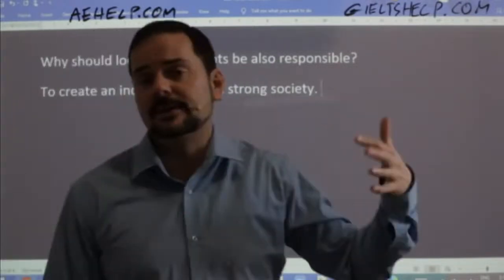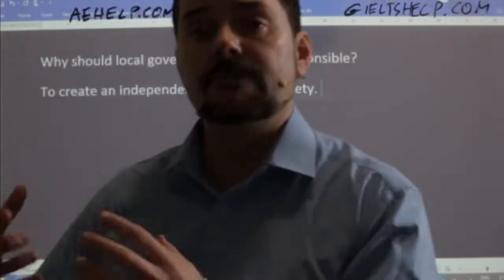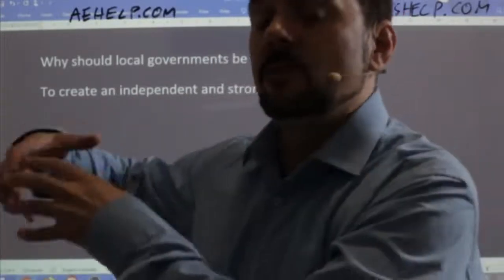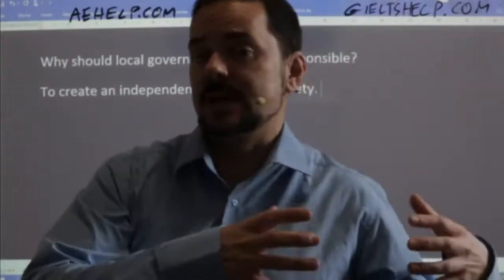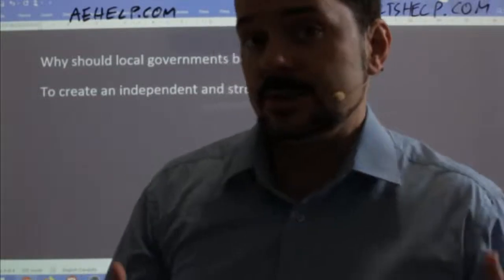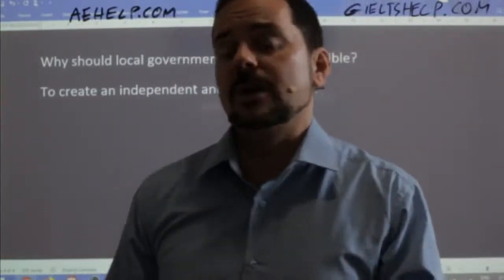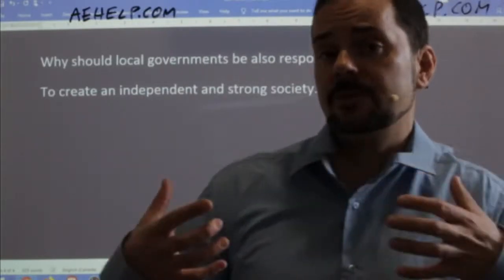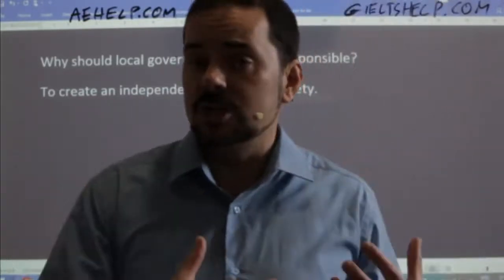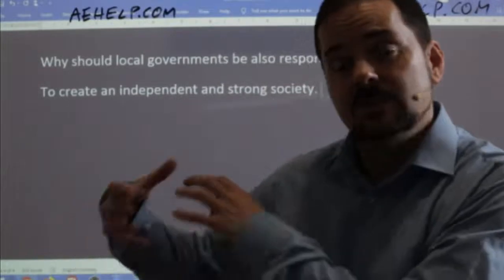You don't want to have a society that's completely dependent on foreign aid, because if that foreign aid removes itself, then problems appear. And that can happen. Like right now with this pandemic, a lot of the wealthier countries are having their own issues. So they're not able to give aid to the poor countries.